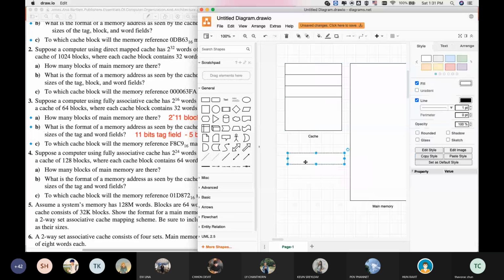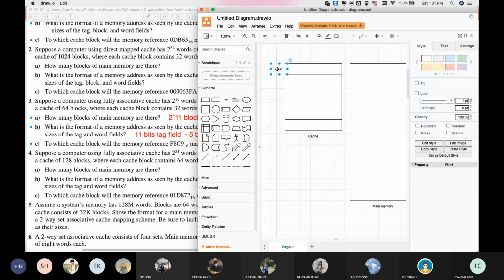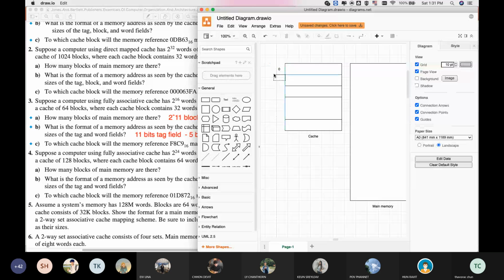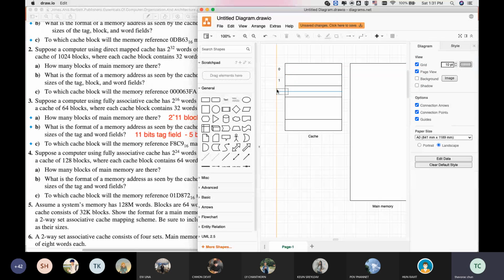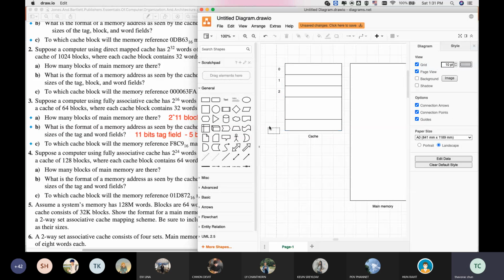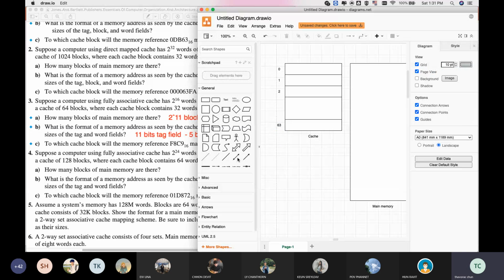It should be block 0, block 1, block 2, and this should be block 63. Okay, because we have 16 blocks here.